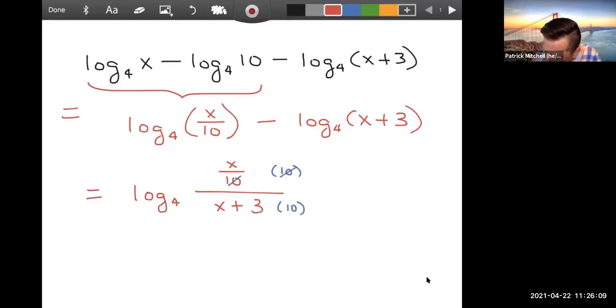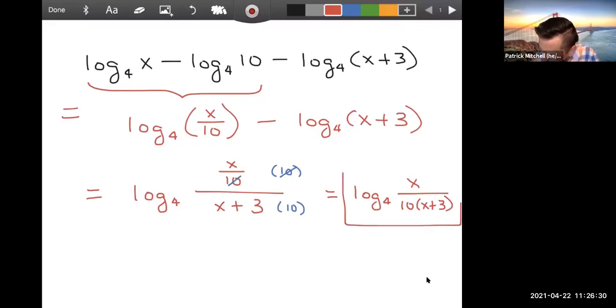And for my final answer, I'm going to get log base 4 of x over 10 times x plus 3. All right, and that looks better than the previous version. All right, and that's all there is to it.